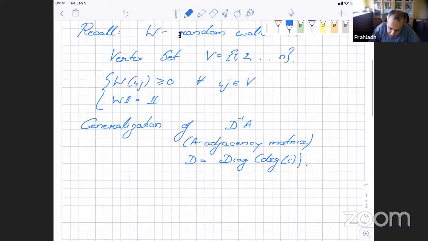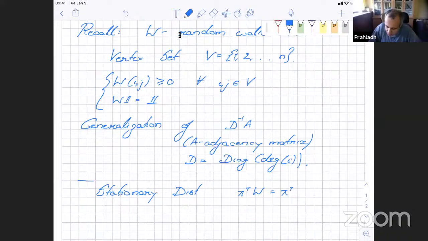Then, while defining the random walk, there was a natural stable or stationary distribution associated, which had the property that pi transpose W is pi transpose.